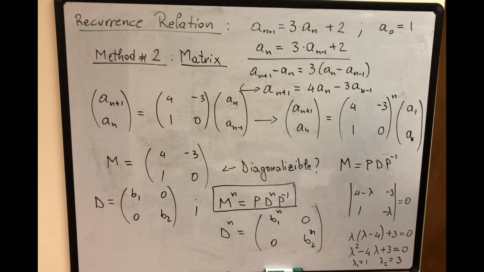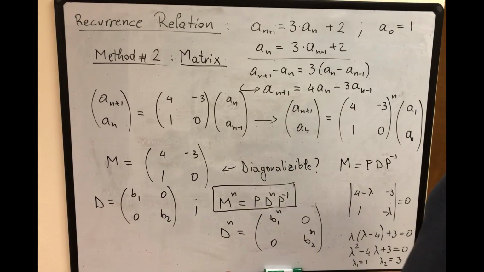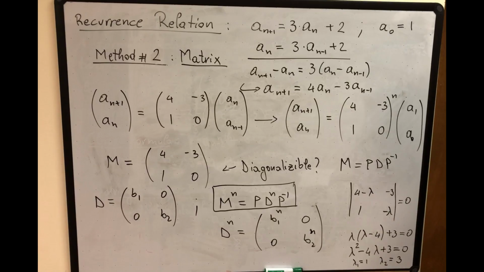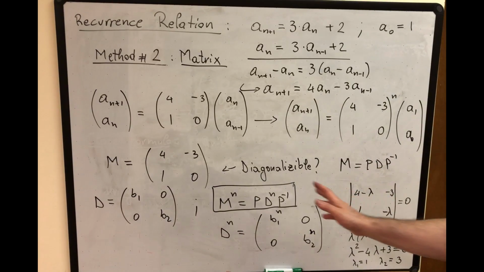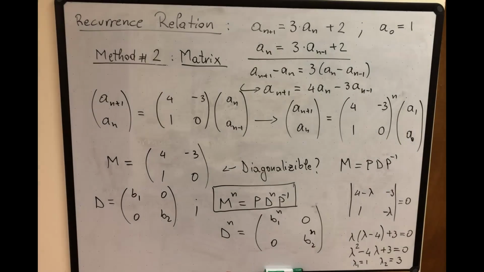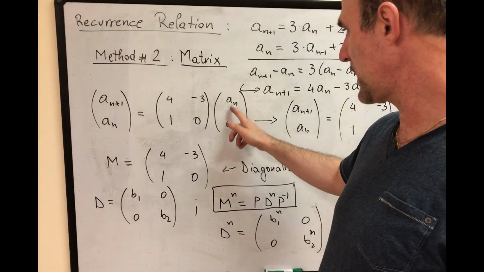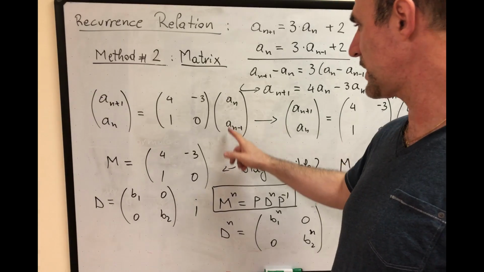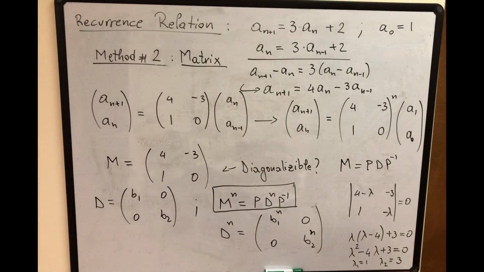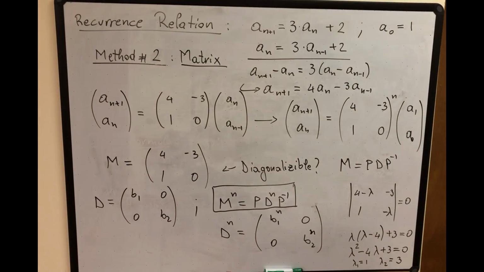You can express this equation in matrix form in a very nice way, using the vector a of n plus 1, a of n, and the matrix that is going to be multiplying the other vector a of n, a of n minus 1, which is 4, negative 3, 1, 0. And you can check.